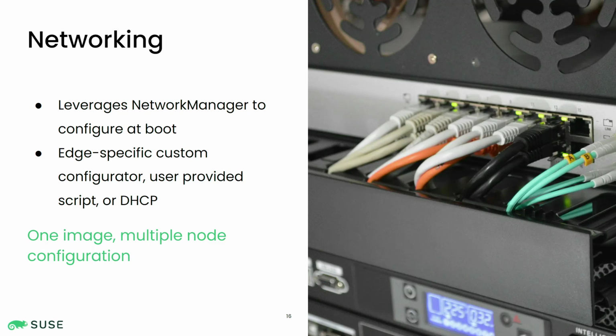Oh, networking, this is an interesting one. Well, this is something that makes or breaks the solution. Pretty much. SLE Micro is using NetworkManager under the hood to modify the different network configurations. And while this is very tricky to work with, we may have come up with a solution satisfying a lot of different use cases.